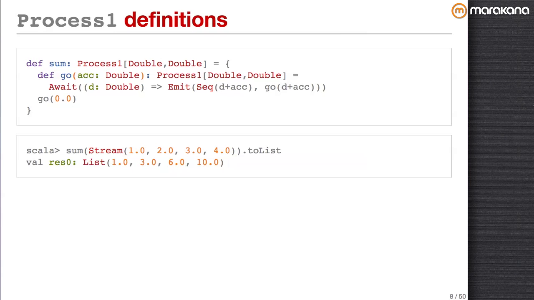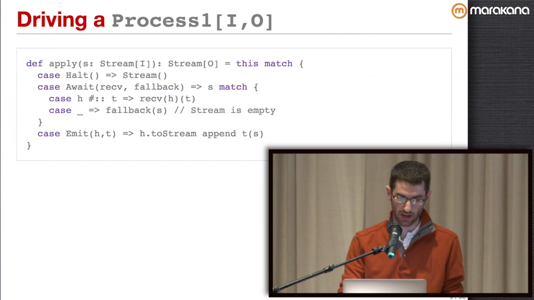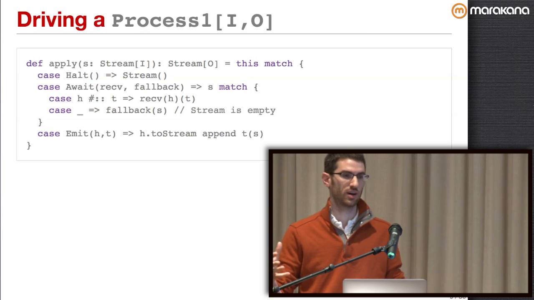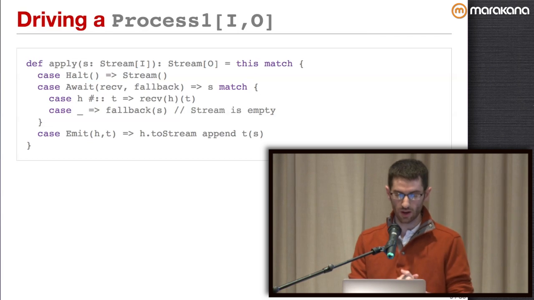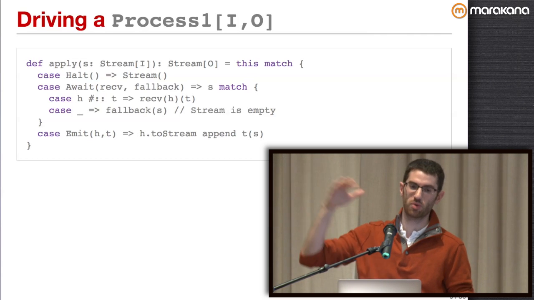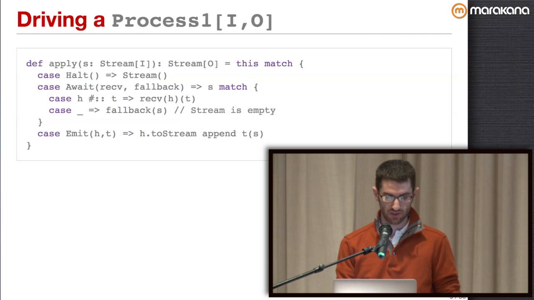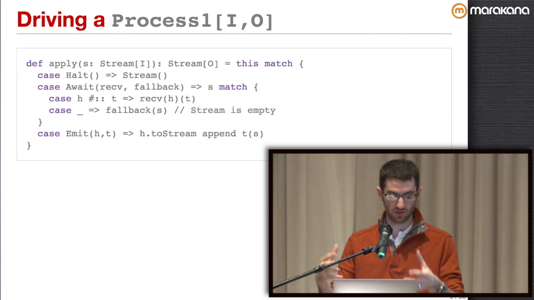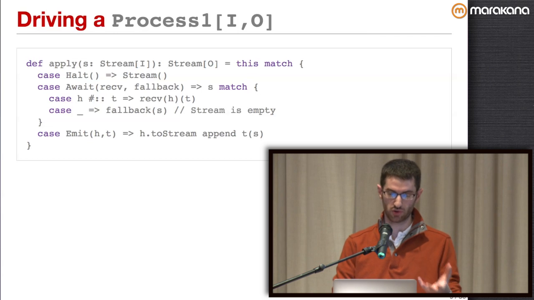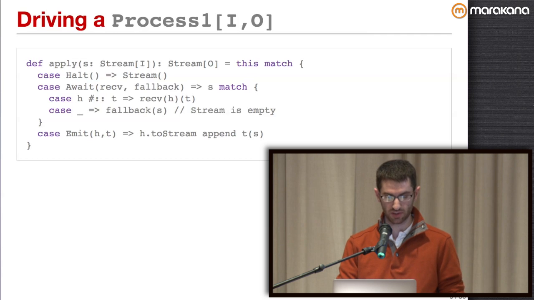Pretty simple. So let's look at how we actually write a driver or an interpreter for one of these processors. It's a state machine that can issue one of three possible instructions: halt, await, or emit. So this is a simple function that interprets those instructions in order to actually transform an in-memory stream of I to another stream of O. And you can see this is pretty simple.